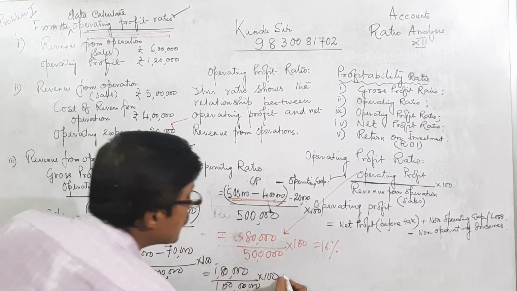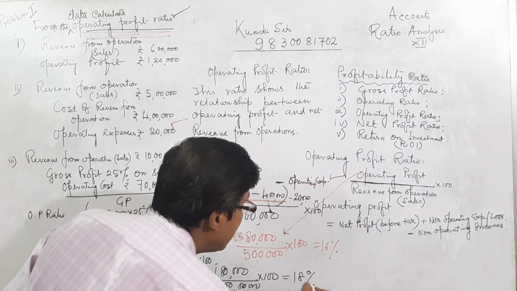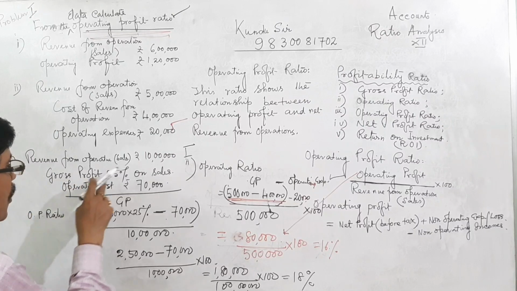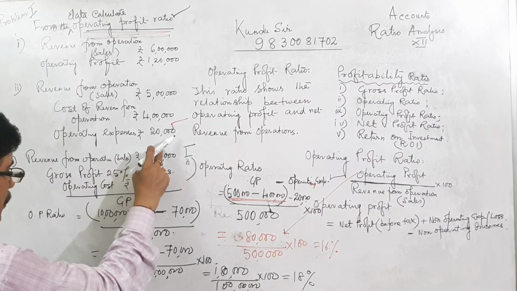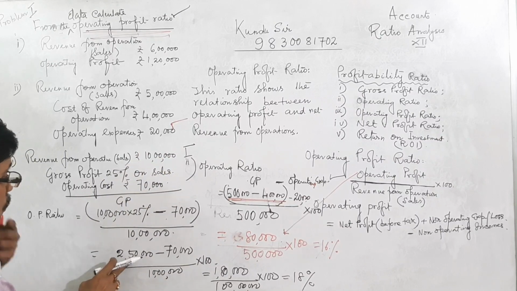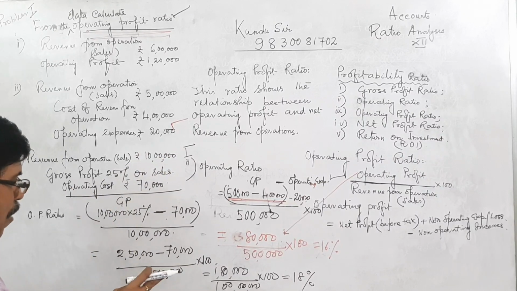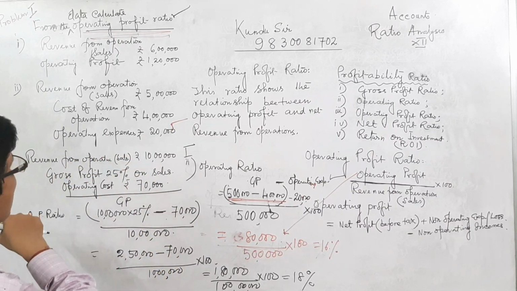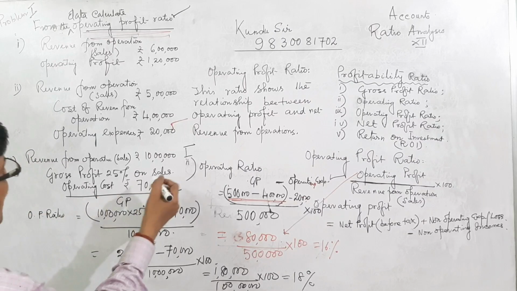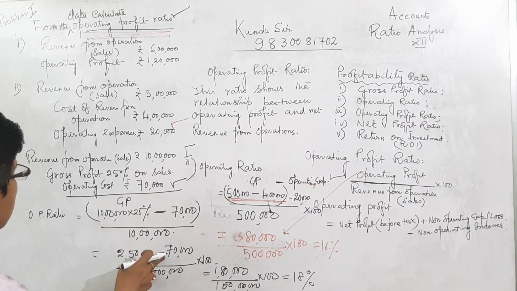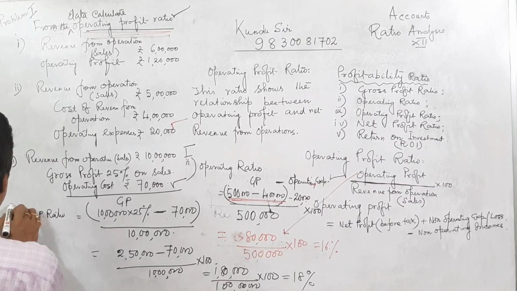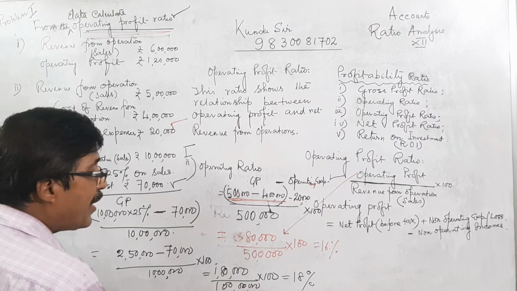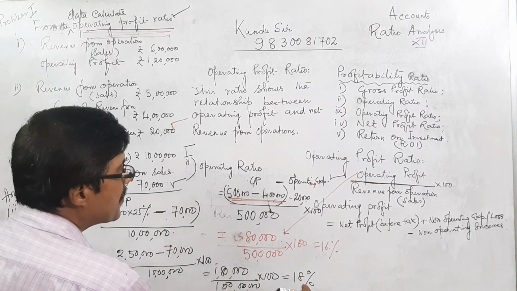We are getting the percentage as 18%. Again, gross profit is 25% of revenue from operation, that is 2,50,000. From the gross profit, if we deduct operating expenses of 70,000, for the third problem the answer is 1,80,000 divided by 10 lakh into 100, equal to 18%.